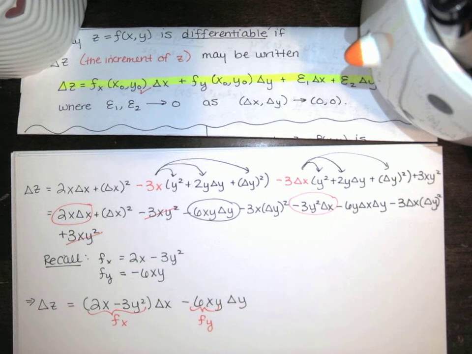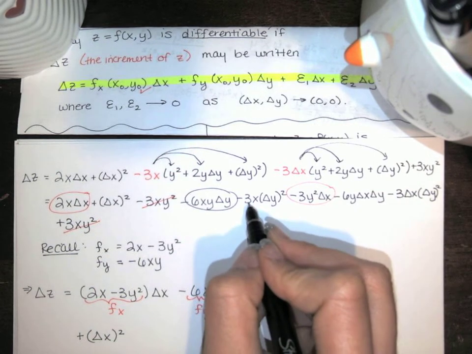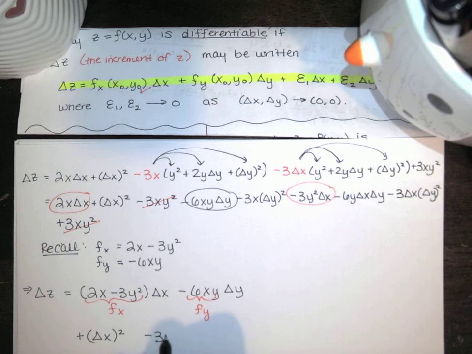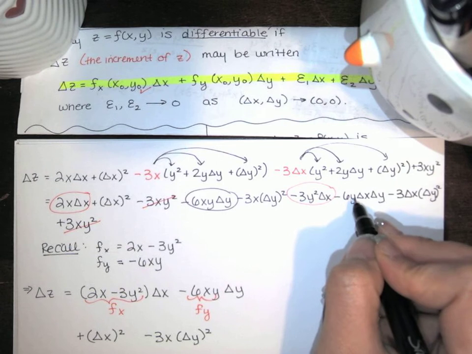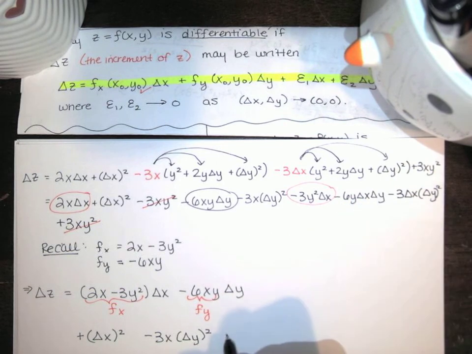I've got a delta x squared, and here I have a negative 3x delta y squared, and here I have a negative 6y delta x delta y.